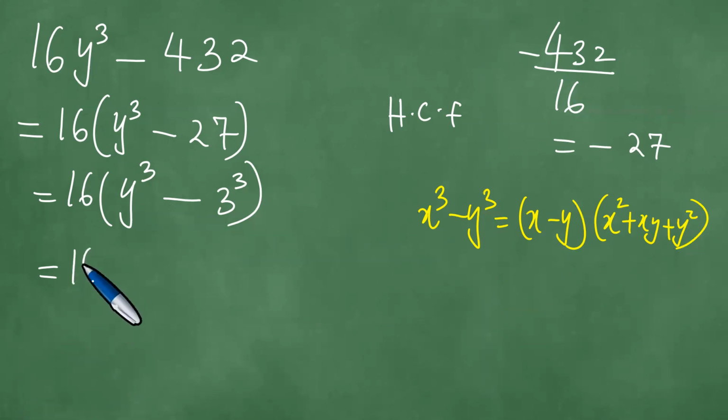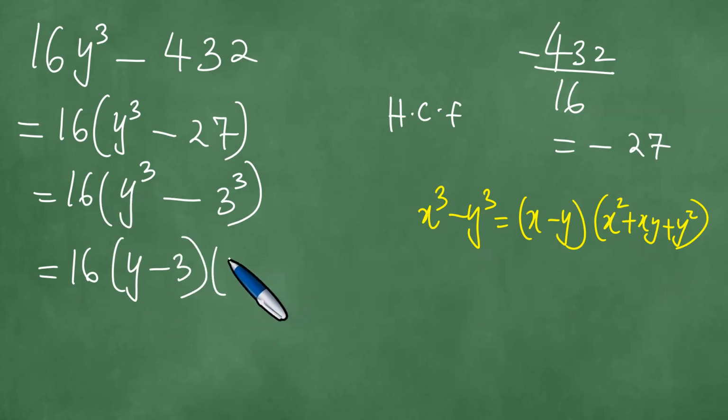So this is exactly 16 into, okay, if you have y cubed minus 3 cubed, it becomes y minus 3 into, then you square the y, then next you multiply x and y and multiply by a negative. So you have x times minus y, which is minus xy, times negative, which is plus xy.